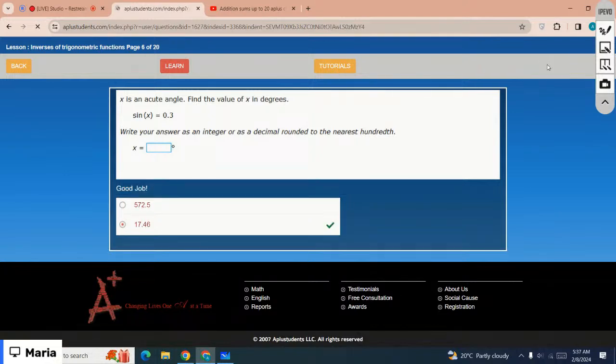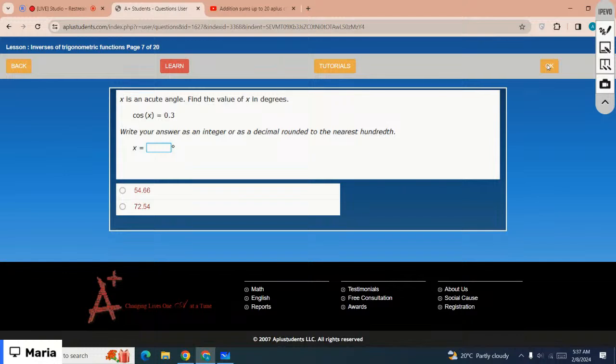Okay, the next one is cos x equals 0.3. So which is the correct option?